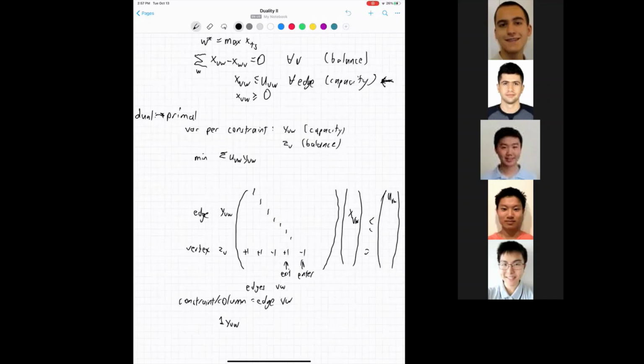Now, what else are we going to see as non-zero in this column? Well, the other thing we need to look at is the entries that are generated by the vertex rows, that correspond to the various ZV variables. So where are we going to see a non-zero in a vertex row?